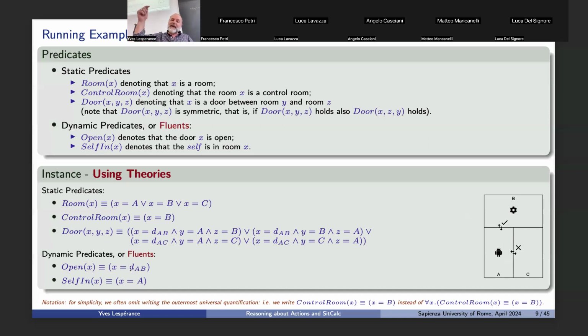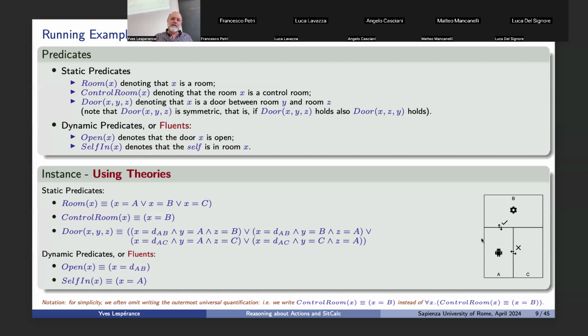So I want to say if X is DAB, then X is open. This I know. But for this one, in one model it's open, in another model it's closed. So the agent doesn't know. Now, maybe he could have a sensor to find out whether it's open or not. Maybe he can try to go through and it will succeed or not. Or maybe he could just go in the control room, press the button, and then afterwards for sure it will be open.